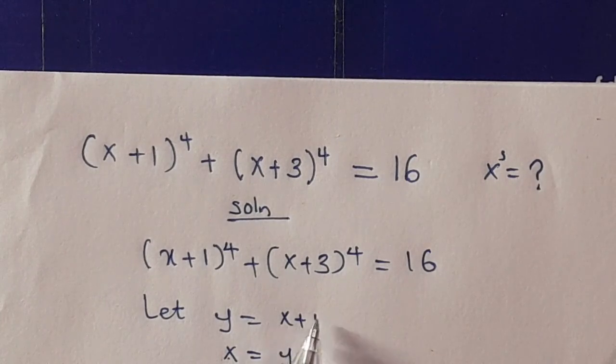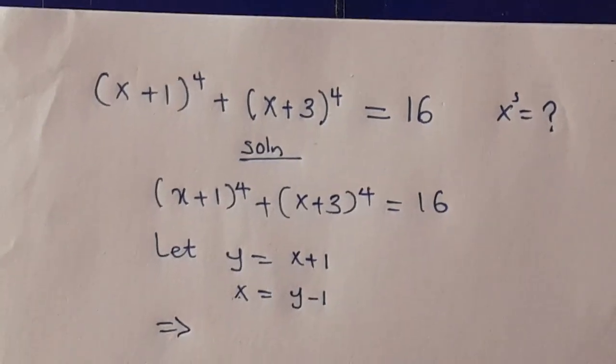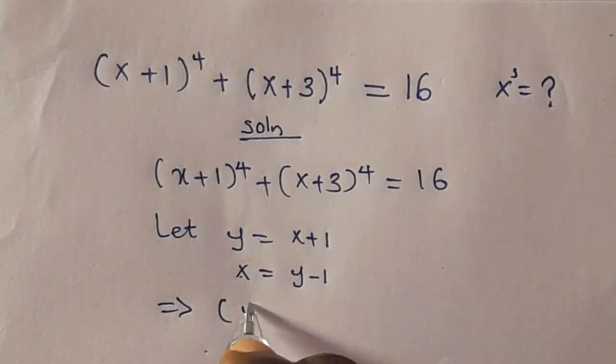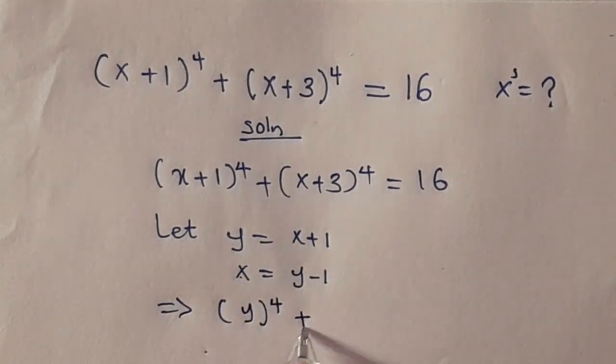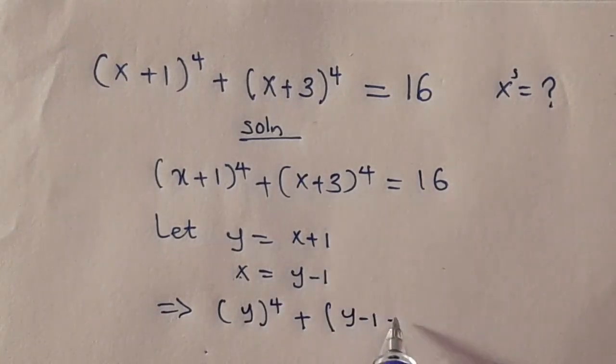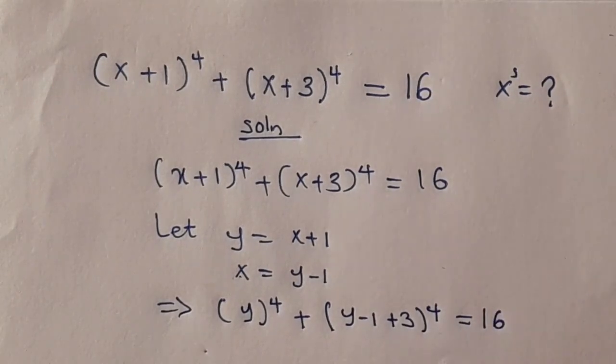Anywhere we see x + 1, we can substitute it as y. Now this implies that we are going to have y^4 + (y - 1 + 3)^4 = 16.